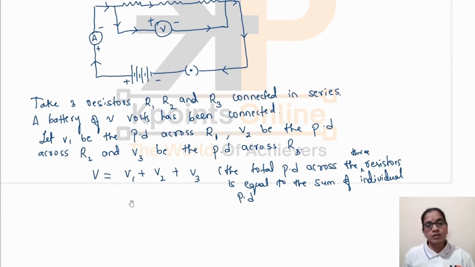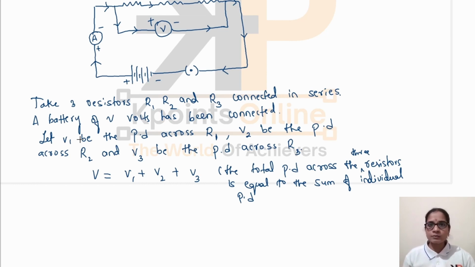And it is equal to the voltage of the battery. Suppose I replace the system of these resistors by an equivalent resistor such that the same current I is flowing through it and the potential difference is V volt.